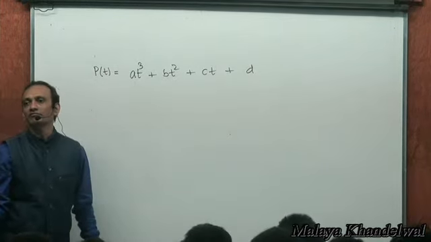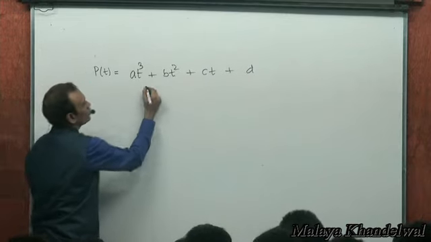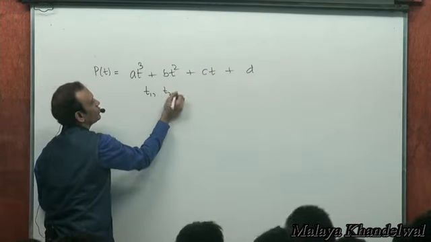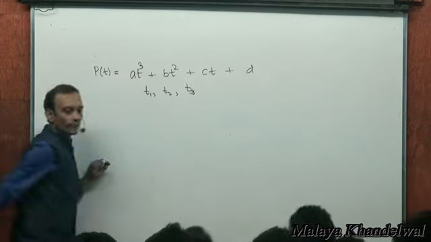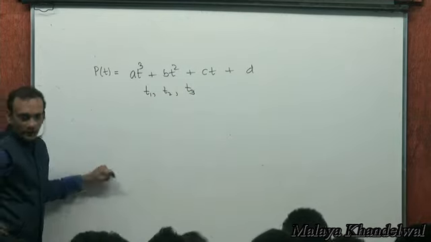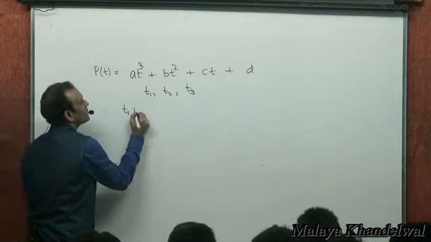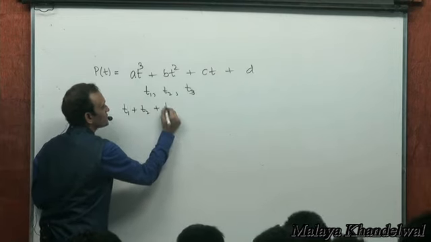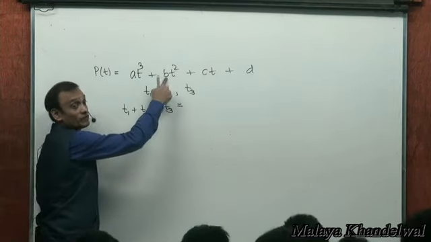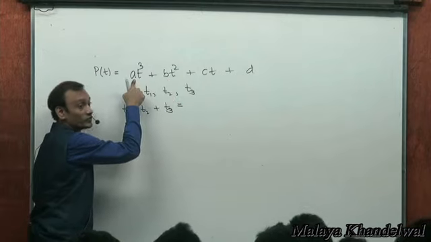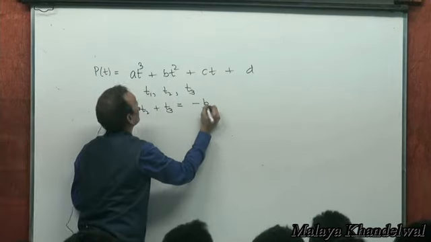How many roots will it have? 3 roots. What are the roots? t1, t2, t3. Right? What would be the sum of the roots? t1 plus t2 plus t3 would be negative of the coefficient of the second highest power divided by coefficient of the highest power. That means that's going to be minus b by a.